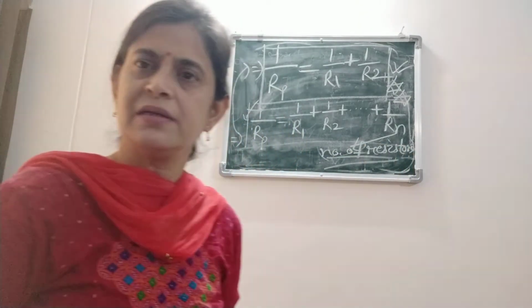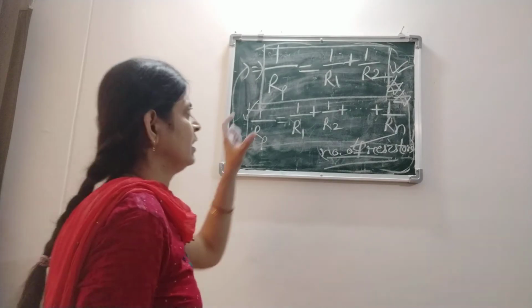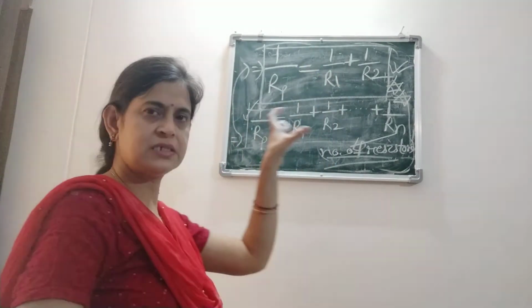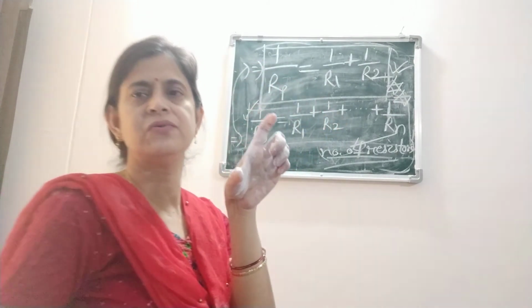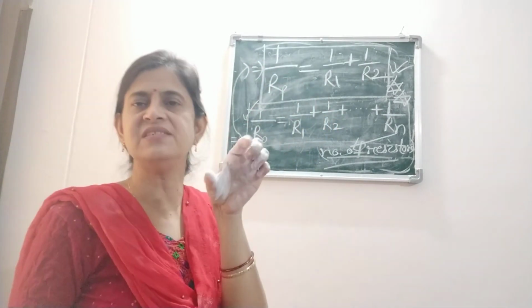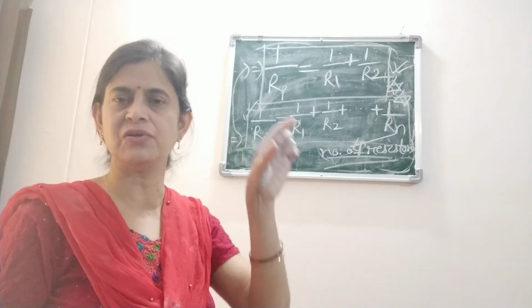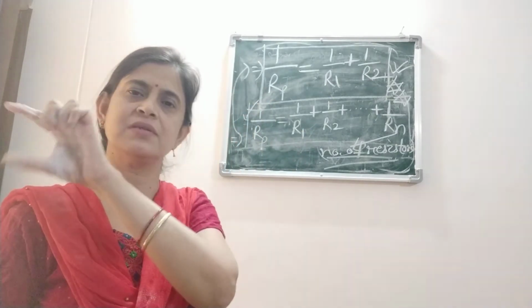Clear? So, in series, the value of the resultant resistance is equal to the algebraic sum of the individual resistances. That means R is equal to R1 plus R2 plus R3 and so on.